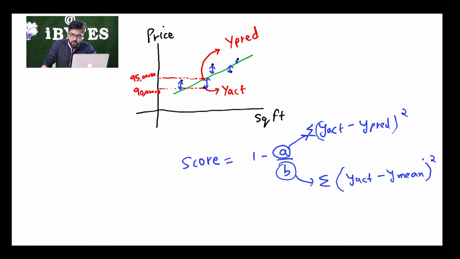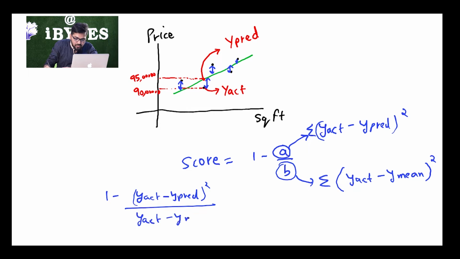So this is basically the equation of score. Let me write the complete equation: 1 minus summation of (y actual minus y predicted) square upon (y actual minus y mean) square.